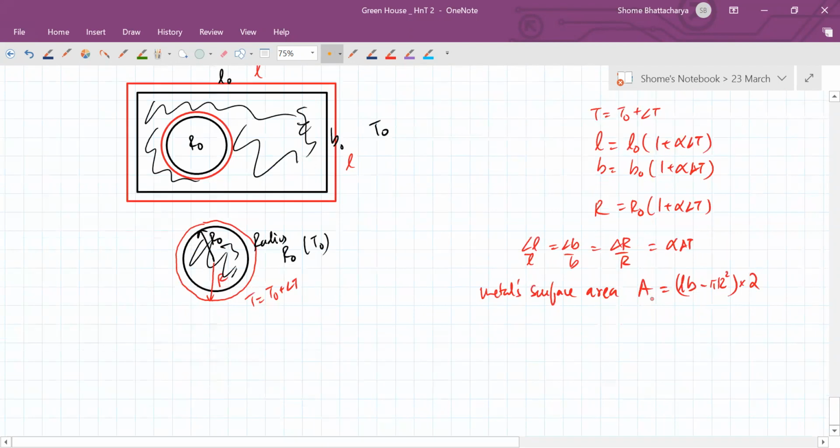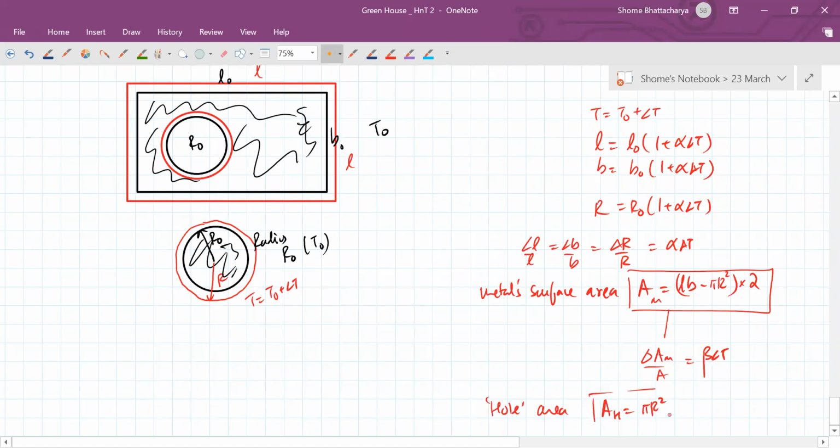Now this area of the metal will also expand according to beta delta T, and the hole area, this pi R square, will also expand according to beta delta T, where beta is 2 times alpha of the metal.